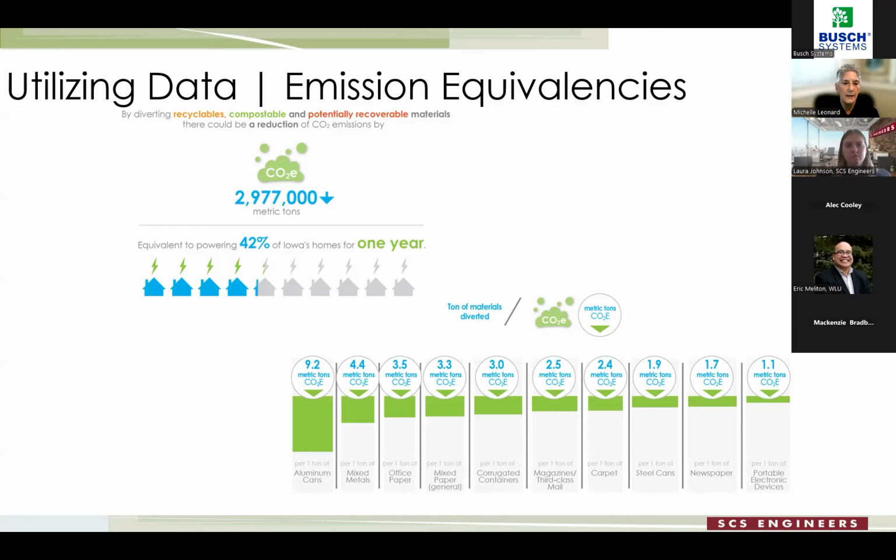Even calculated, if we did capture that information, it would be equivalent to powering about 42% of Iowa's homes for 1 year. And then the bottom chart shows you the breakdown by material type of the greenhouse gas emission reductions from capturing those materials or diverting those materials from the landfill.